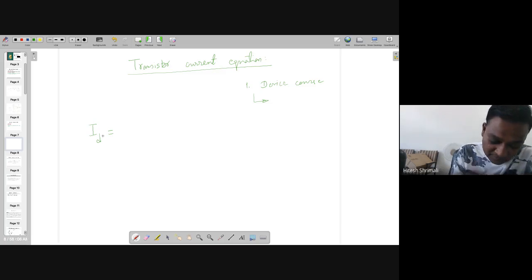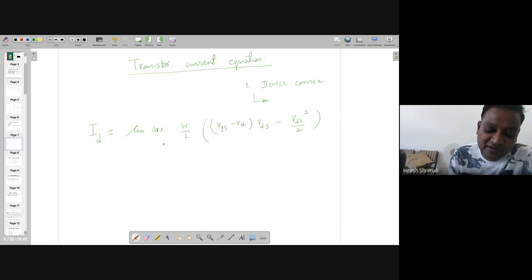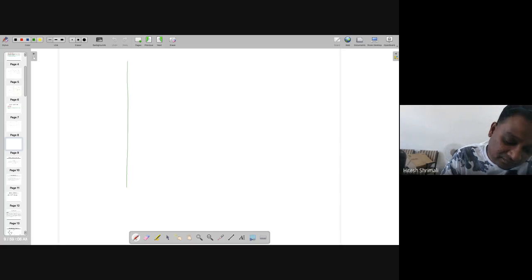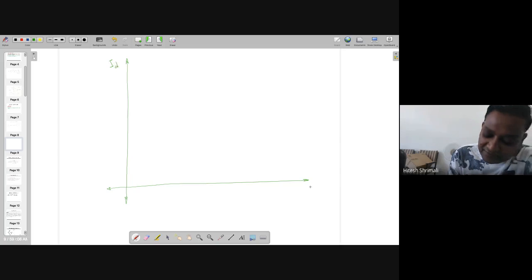So the drain current is equal to mu n Cox W by L times (VGS minus VTH) times VDS minus VDS squared by 2. By the way, this is the original equation governing all the different regions of operation. Drawing the IV characteristic means plotting ID with respect to VDS.